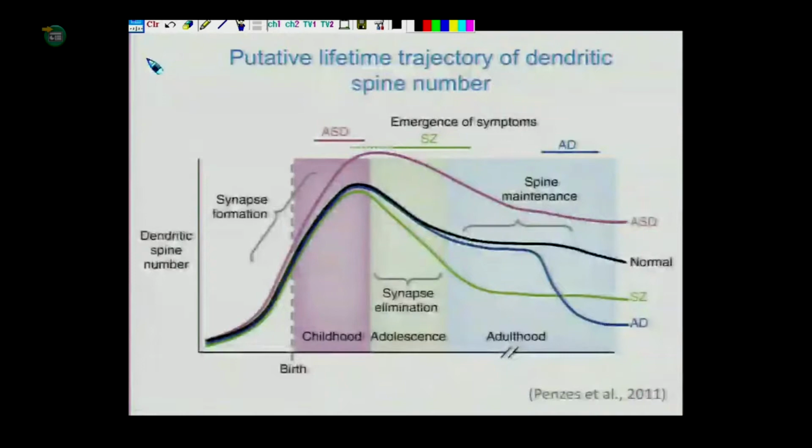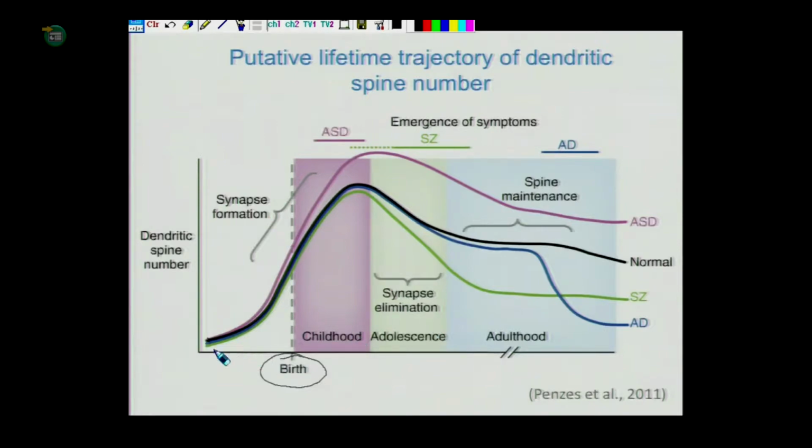Okay, so here then, this is an actual estimation of the number of synapses in the visual cortex. First, you look at the black line right here. This is birth and childhood, adolescence, adulthood.